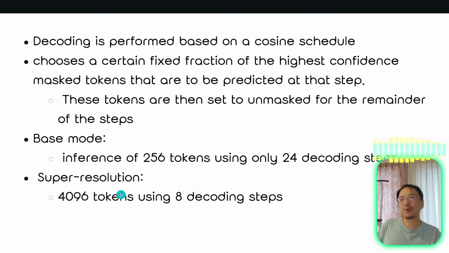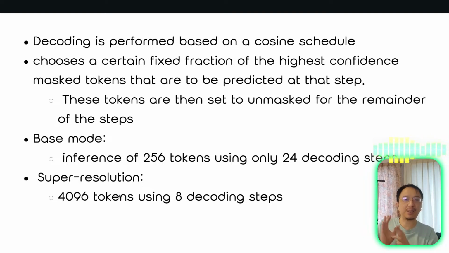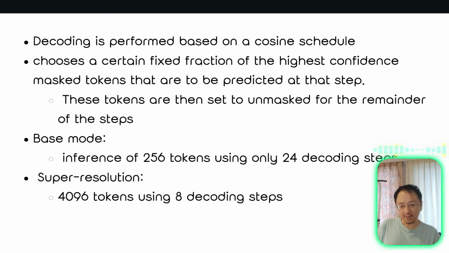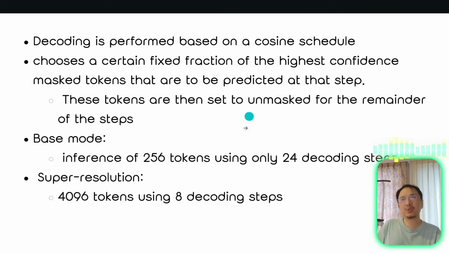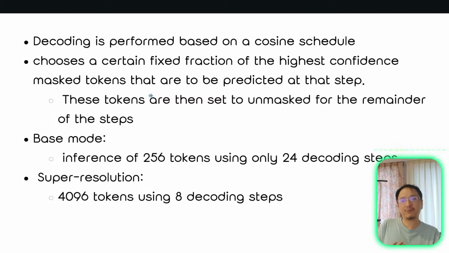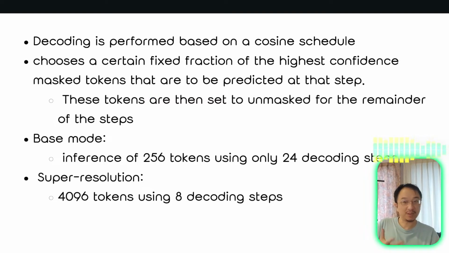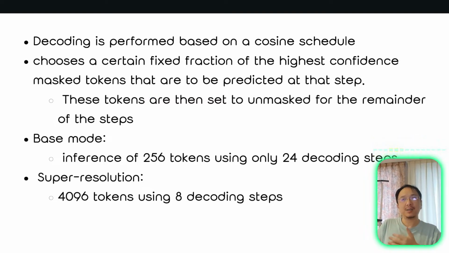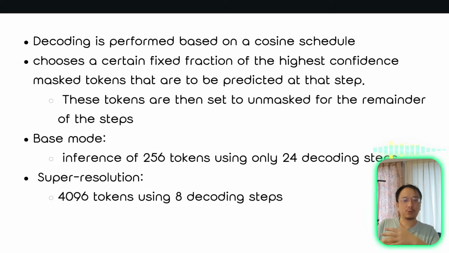And for super resolution, it's doing it much faster because it already has a low resolution image. For the base model, it seems at least very promising because it only has fewer than 300 tokens, and it uses a lot of steps to decode.